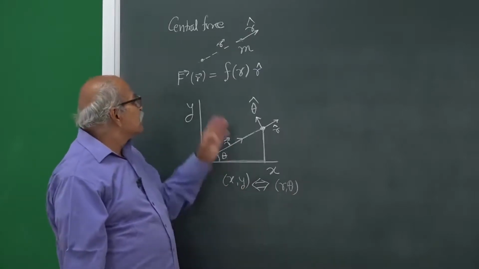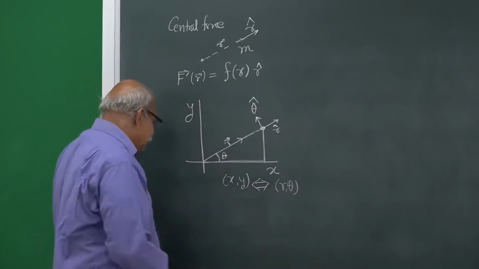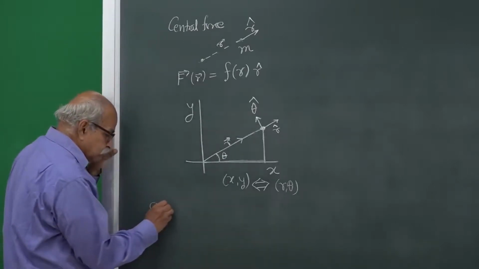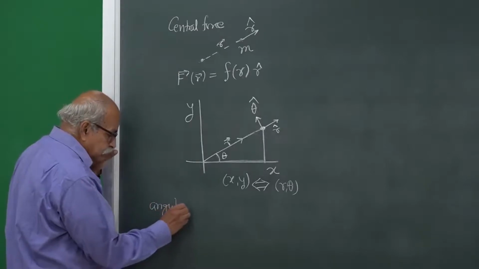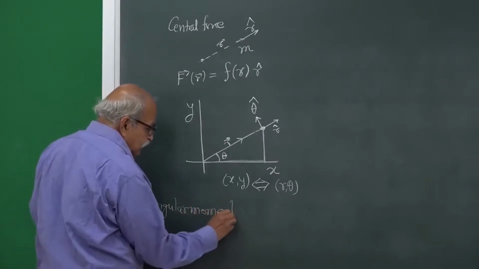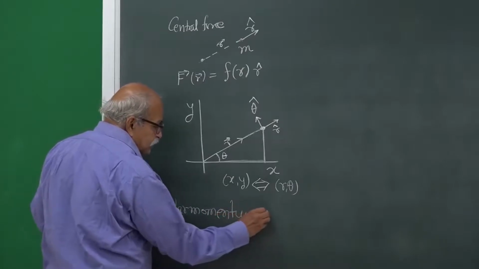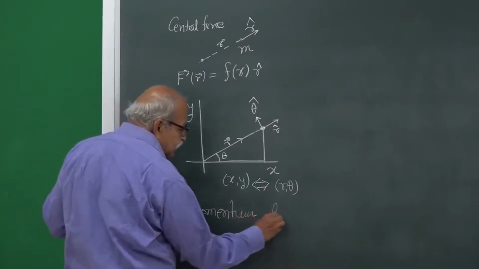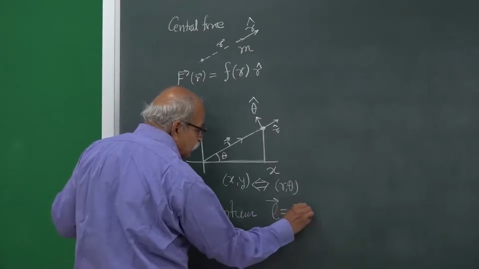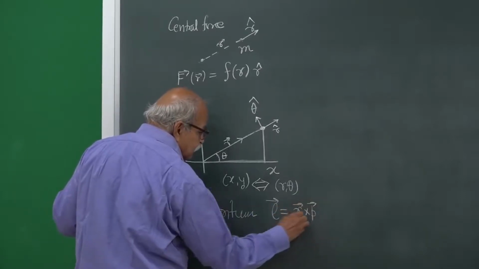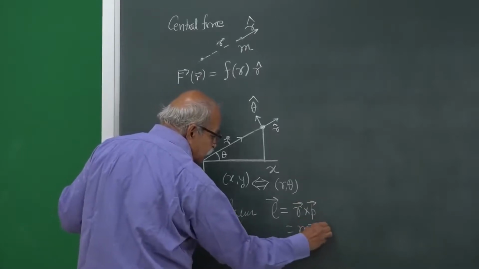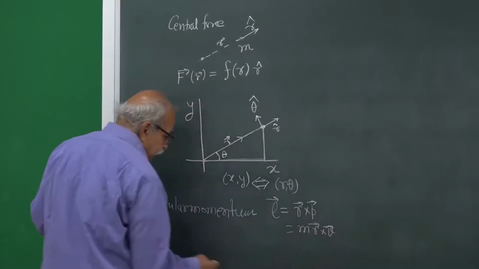Let us come back to our angular momentum. Angular momentum of this particle at time t is given by L equal to r vector cross p vector, that is mass times r cross v, and torque.